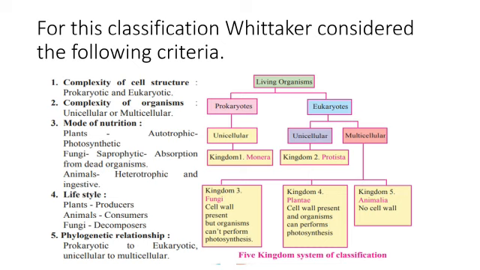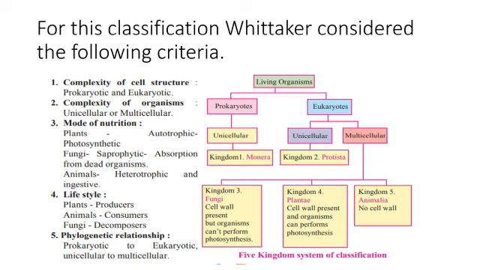Living organisms are divided into 2, prokaryotes and eukaryotes. Prokaryotes are further divided into unicellular, whereas eukaryotes divide into 2, that is unicellular and multicellular.